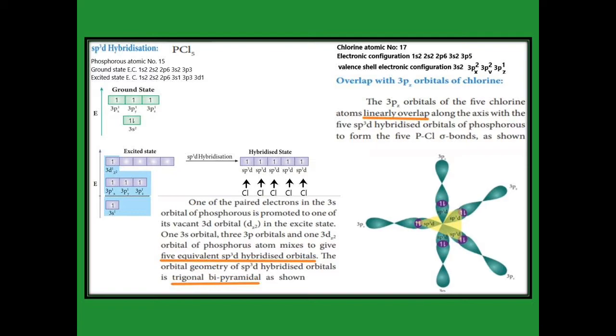Trigonal means triangularly 3 chlorines, and above the triangle 1 chlorine and below the triangle 1 chlorine. Those chlorines form the 2 pyramidal shapes, so the shape of phosphorus pentachloride is trigonal bipyramidal.